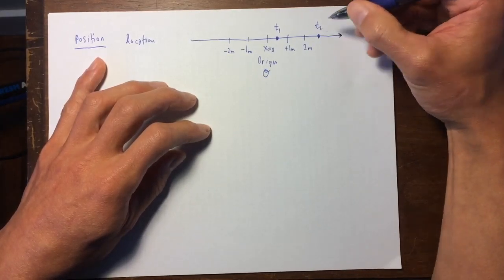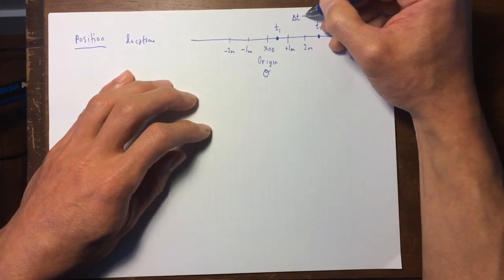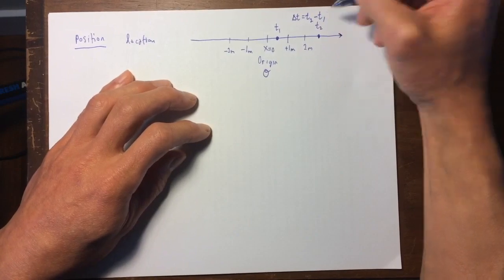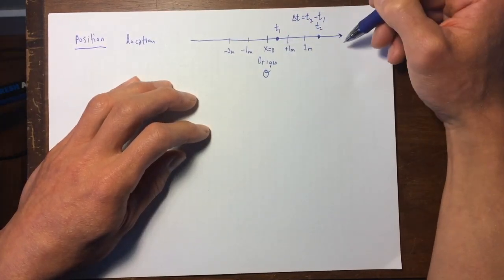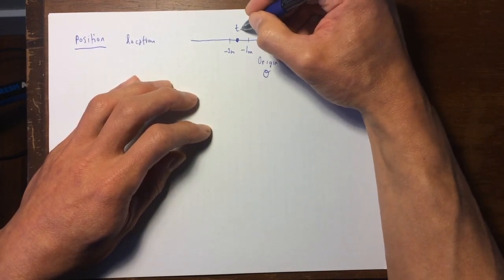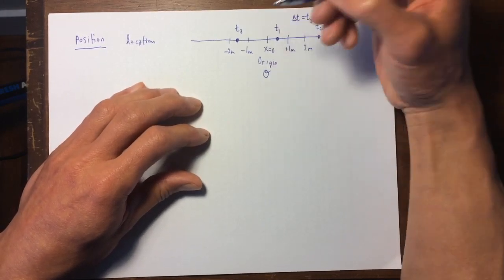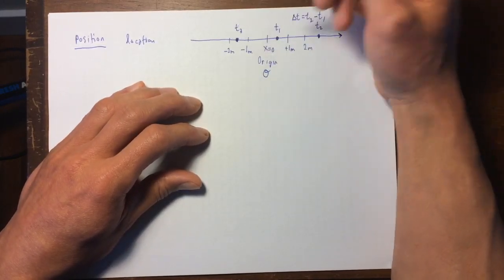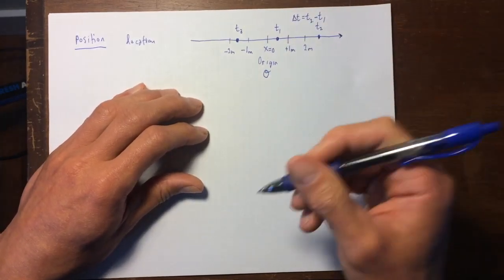Maybe t2 is later than t1, and it took a delta t equal to t2 minus t1 to go from here to there, etc. Maybe at t3 it shows up over here. So the next time we make a measurement of where the little dot is, it's on the other side of the origin at this later time t3, etc.